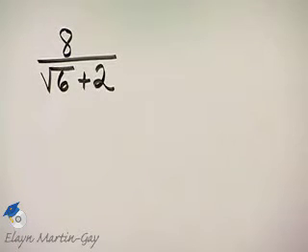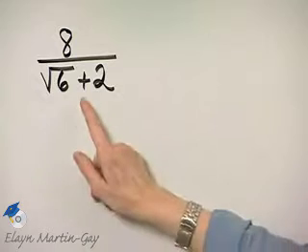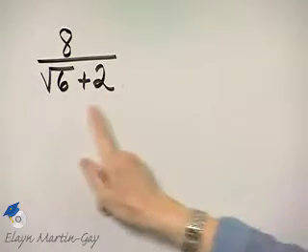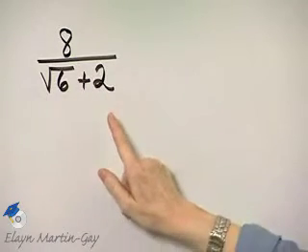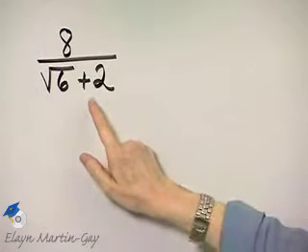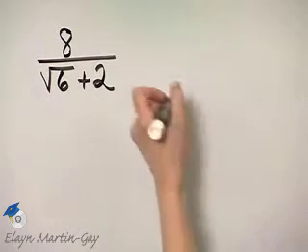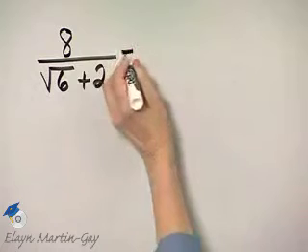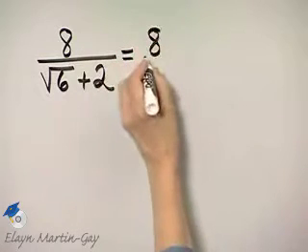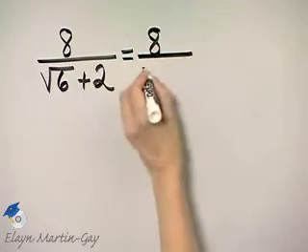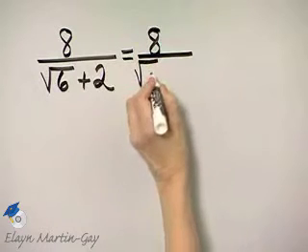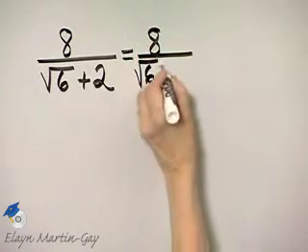Let's simplify and also rationalize the denominator. Now notice in this example, I can think of the denominator as a binomial. To rationalize this denominator, I need to multiply numerator and denominator by what we call the conjugate of the denominator.